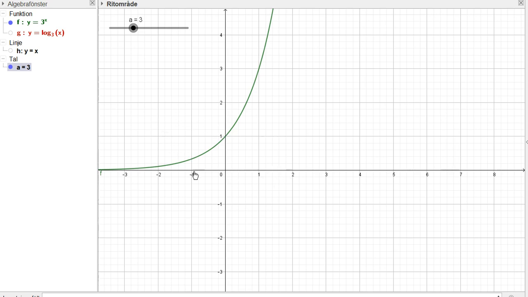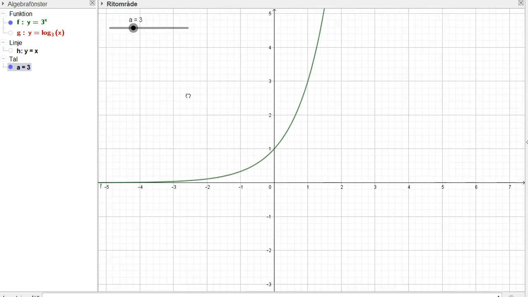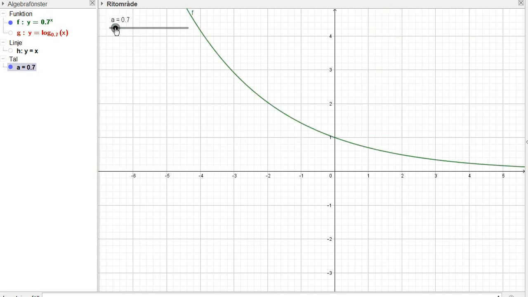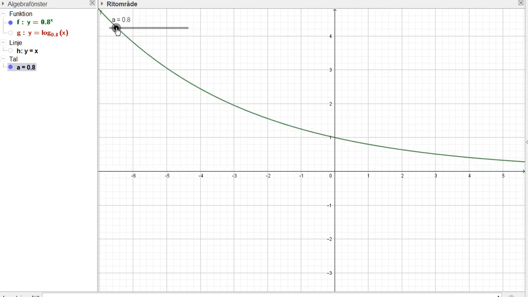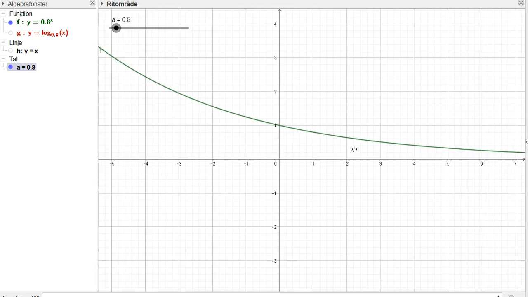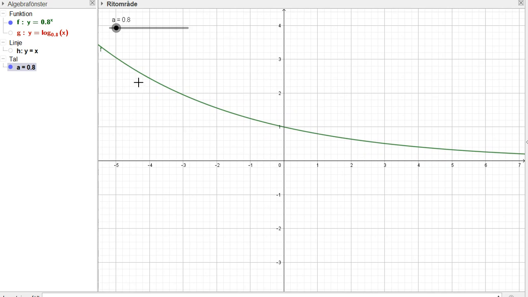And there is an asymptote, this one, y is equal to 0, or the x-axis. Why? Because if I'm going to show you more, you can see that it doesn't touch the x-axis. So we have the intercept where x is equal to 0, and we have the asymptote where y is equal to 0.